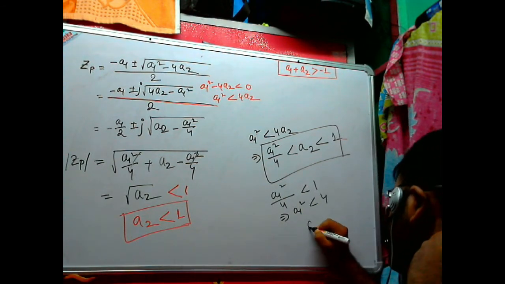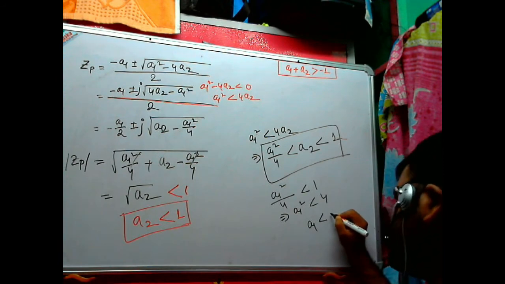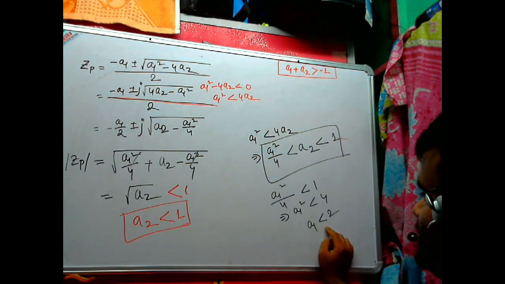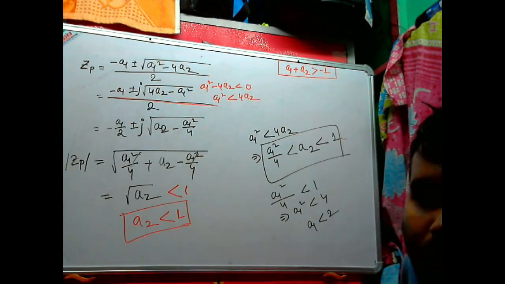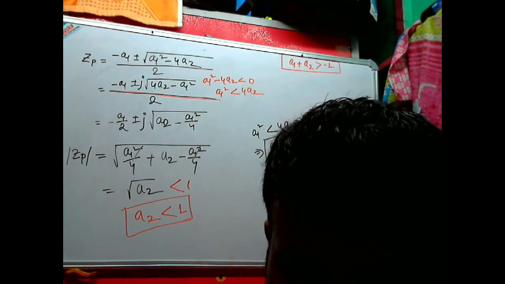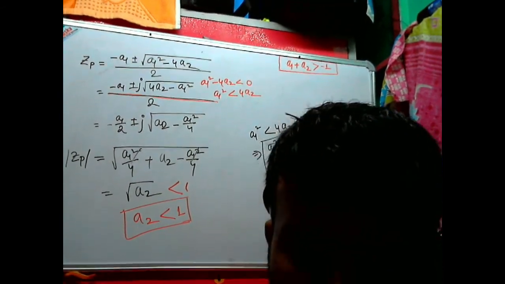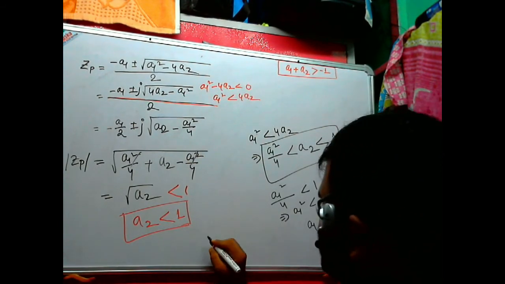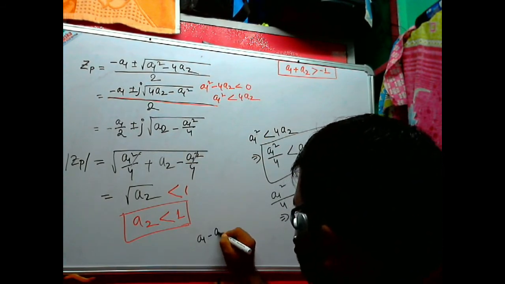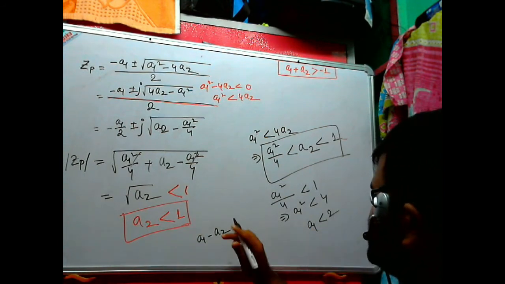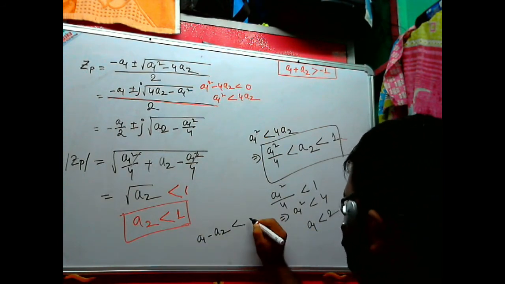So a1 is less than 2 and a2 is less than 1. For the next condition from the options, we can take a1 minus a2, which is less than 2 minus 1, that is 1.